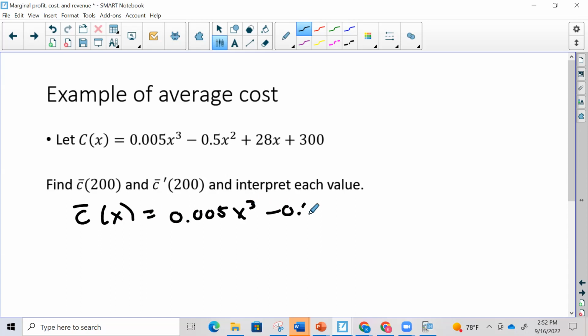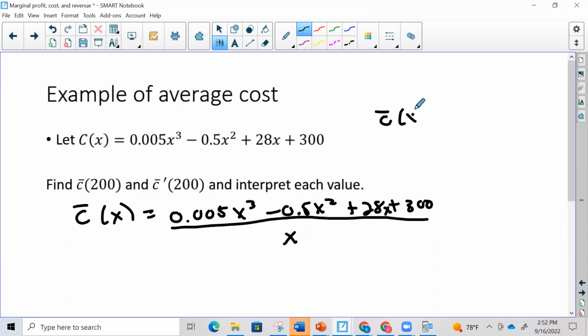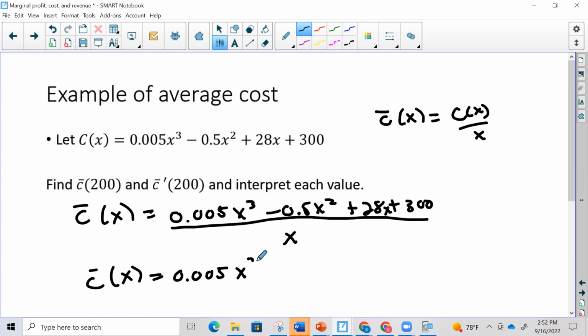by dividing C of X by X. As a reminder, our average cost function is C of X divided by X. Now you could use the product rule or the quotient rule, but I find it easier to simplify and divide every term by X. So we get 0.005X squared minus 0.5X.